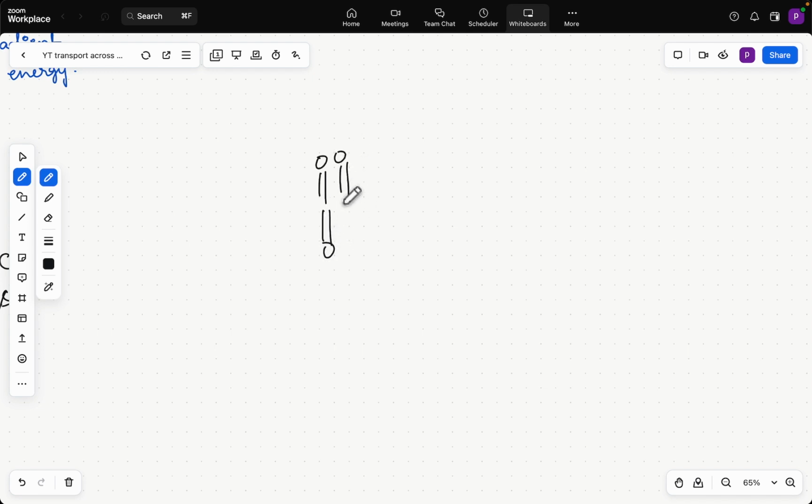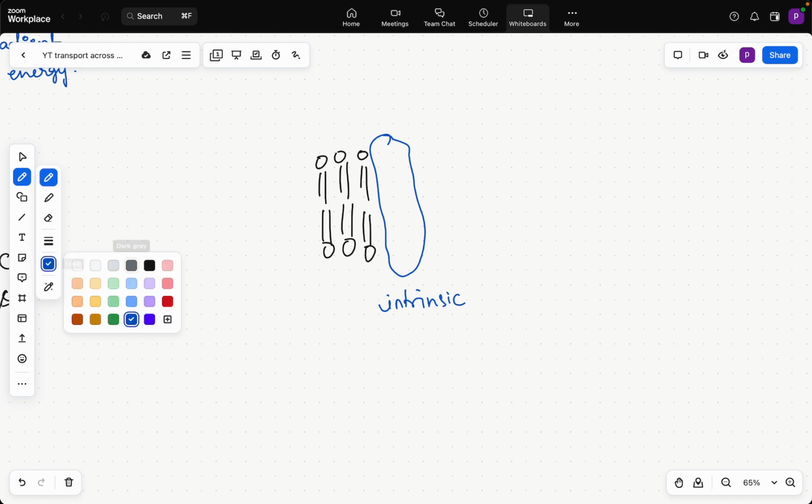And what is the molecule that is actually facilitating the diffusion? The molecule that is actually facilitating the diffusion is the protein molecule. Just now I have shown you an intrinsic protein, right? This is the intrinsic protein. Intrinsic, that is, it is actually buried inside the cell membrane.